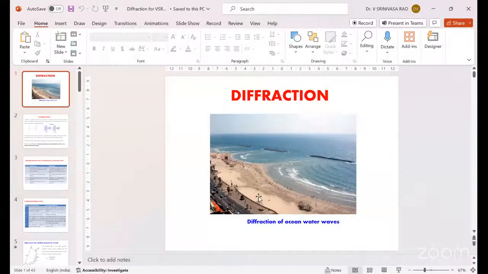This is not in our syllabus. So this gives you diffraction. Other one is also there.